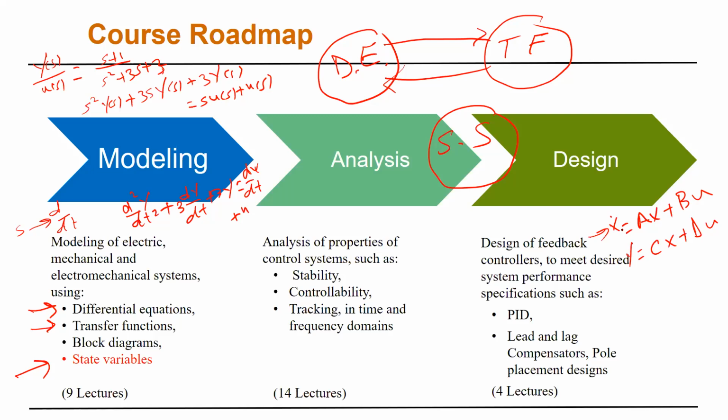So the question is, if I have one capacitor and one inductor, we said the differential equation model will be what? Second order differential equation model, isn't it? I have a circuit where I have one inductor and one capacitor. What will be the order of the differential equation for that system? Second order.